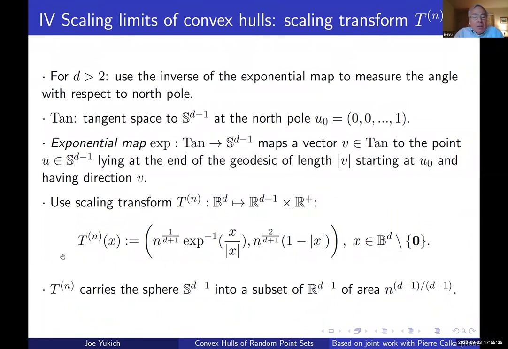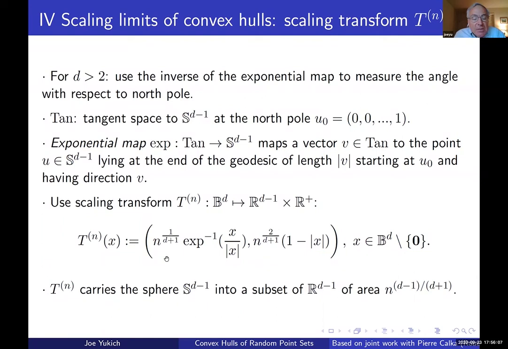So this transform carries the disk into a region in the upper half space of volume equal to the product of n to the 2 over d plus 1 times n to the d minus 1 over d plus 1. Namely, the image of the unit ball has a volume proportional to n.